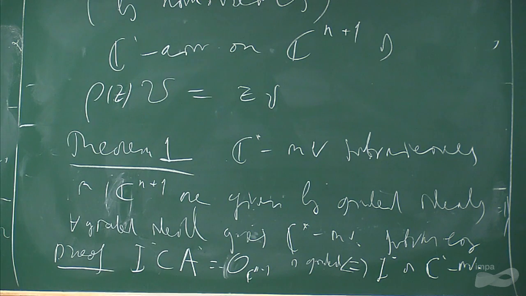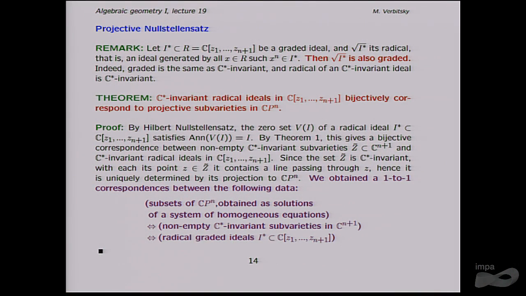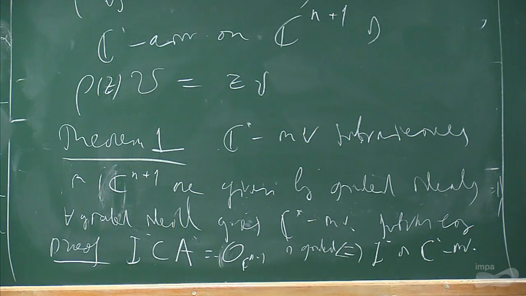This is something you probably know, the terminology you know. As a definition, I inside R is radical if R quotient by I has no nilpotents, equivalently, if for each z not in I, z to the power d is not in I for each d.